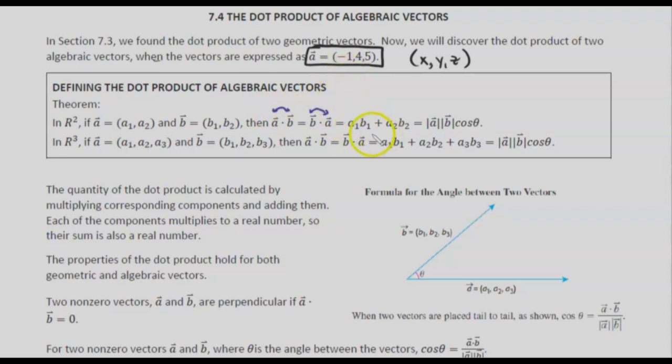It also is equivalent to A1, B1 plus A2, B2. Okay, what that looks like is the x's multiplied by one another plus the y's multiplied by one another.